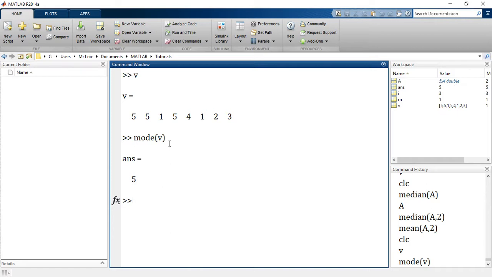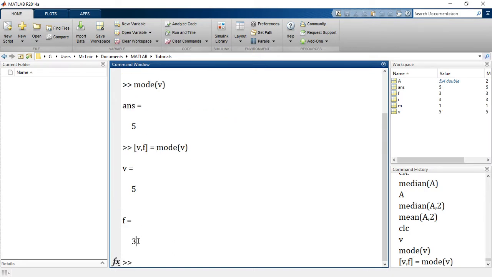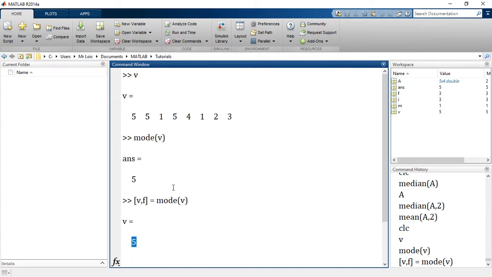We can also get the frequency. If we say the mode, let's say the value V, and then the frequency F, that's the way to obtain the frequency of a particular value. The frequency tells you how many times the value appears in the vector.